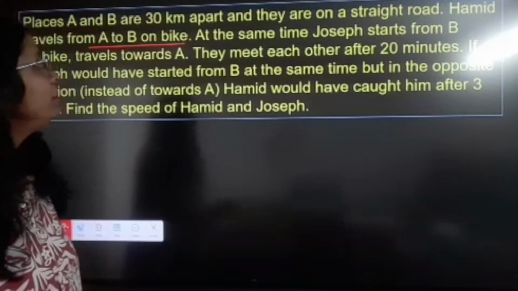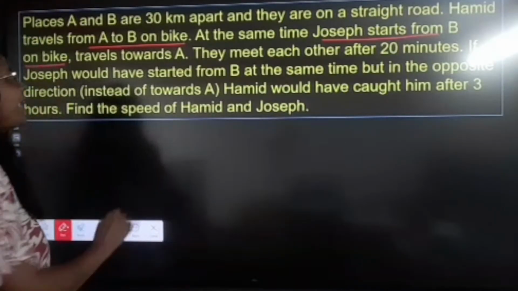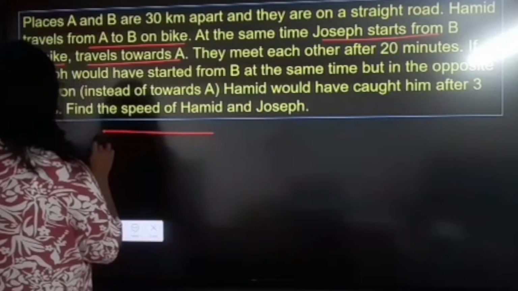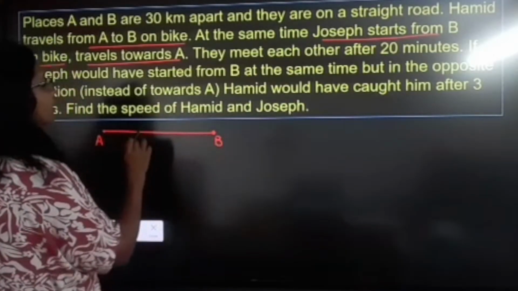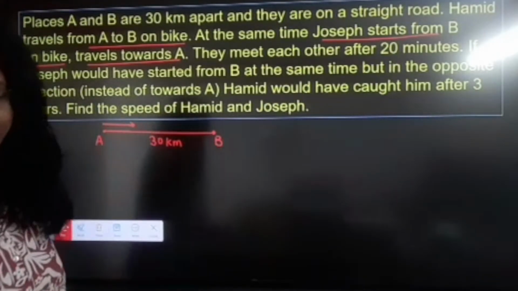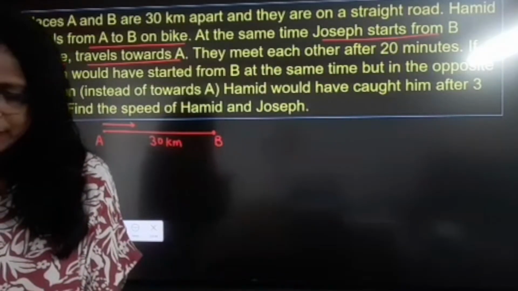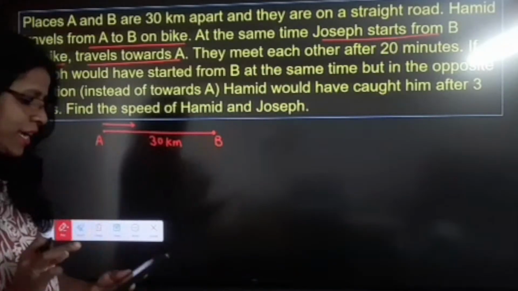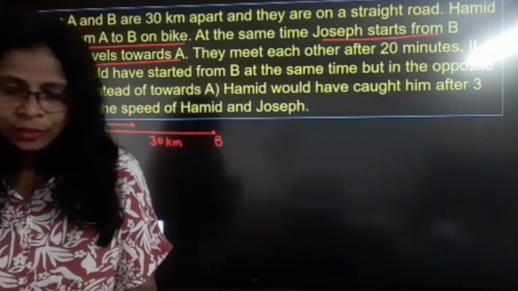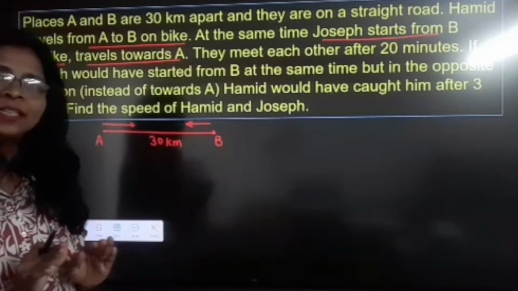And at the same time, Joseph starts from B on bike and travels towards A. So that means here students, from A to B there is a distance of 30 kilometers, and Hamid started from the point A, and Joseph starts from the point B, and they both are on the bike.